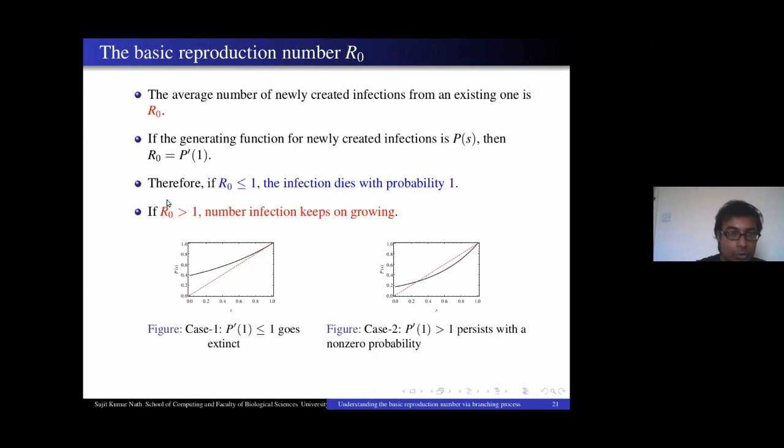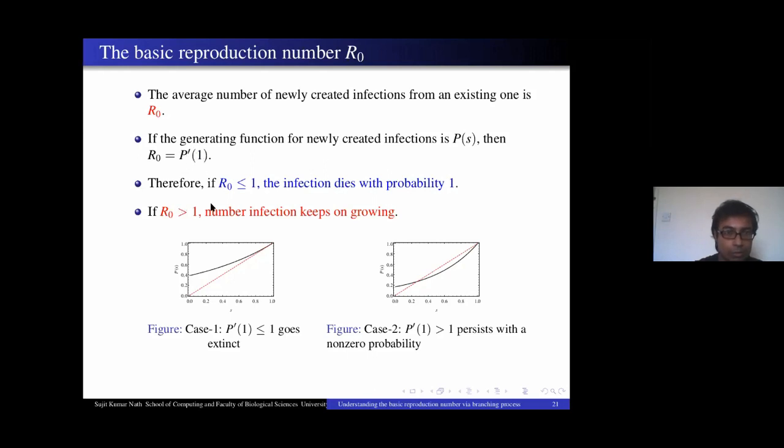And to know this parameter, we need not know the distribution. We need not know the actual form of the generating function of first generation progenies, because generally we do not know the distribution of the first generation progenies created by an infected person.